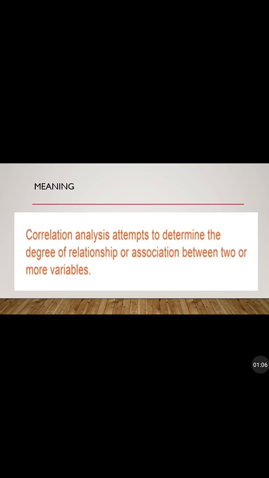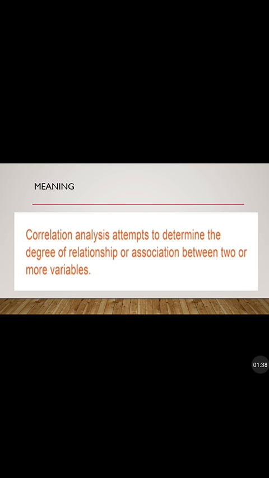For example, if the rainfall is good in a season, then the yield will also be good. Yield means production. So whenever rainfall is good, the yield will also be good for that season. Then we say that there is some relationship between the rainfall and the yield. Similarly, the second example is the height of the father and the height of the son.